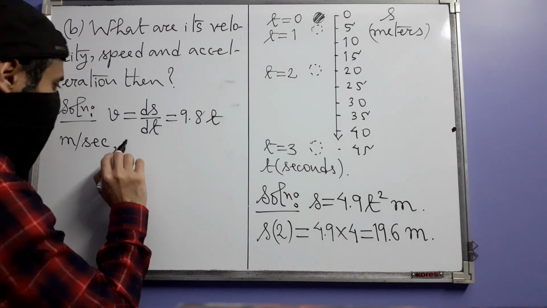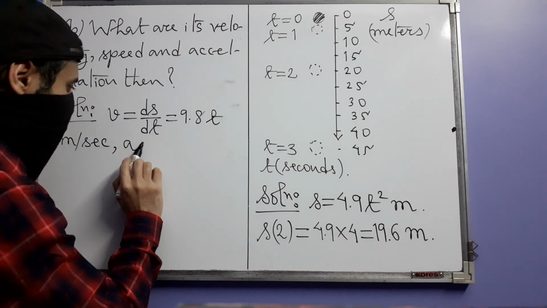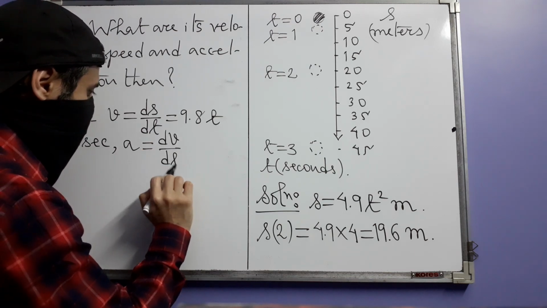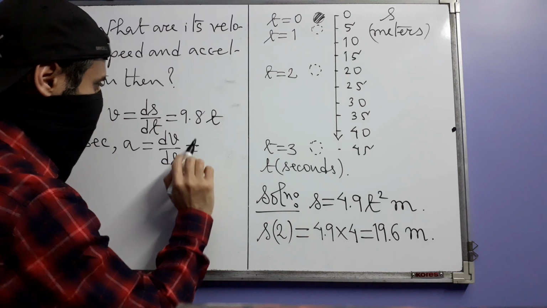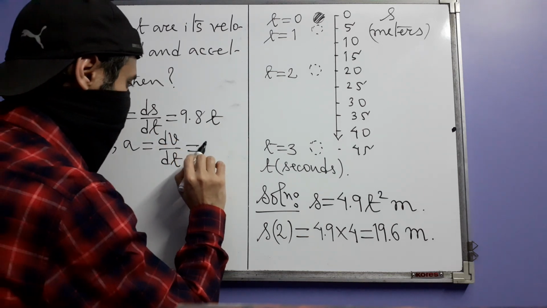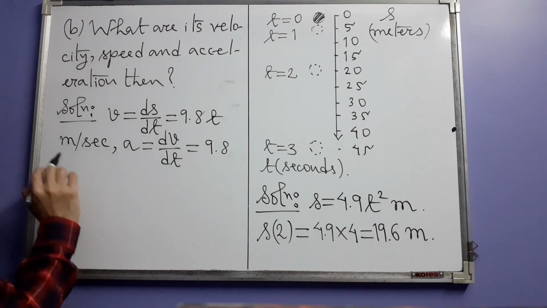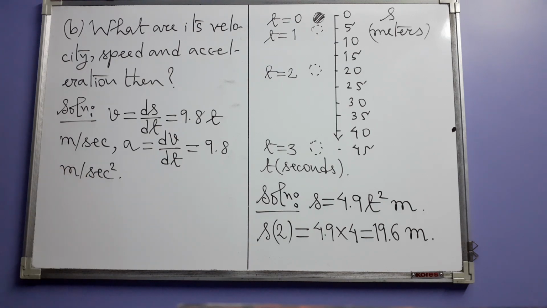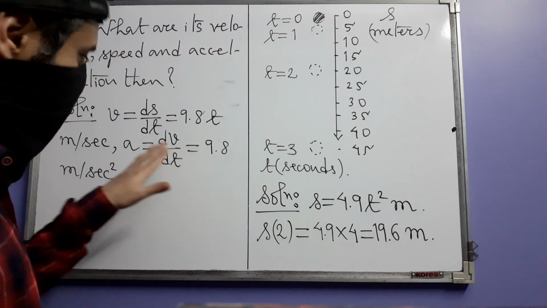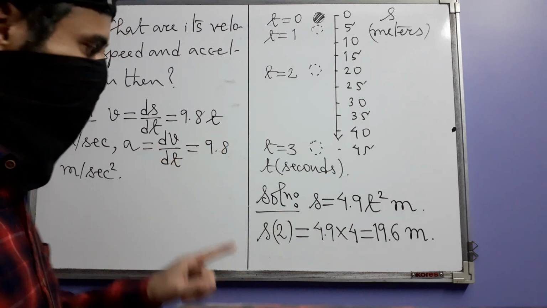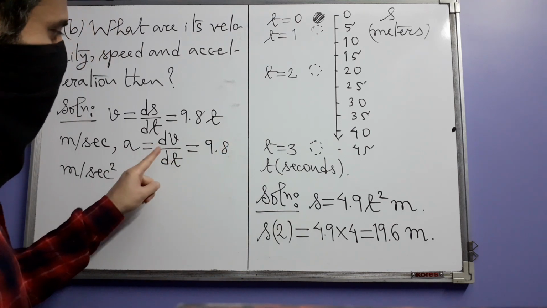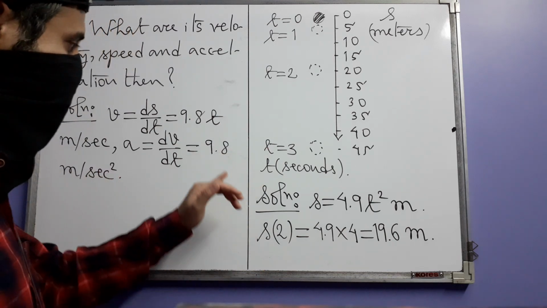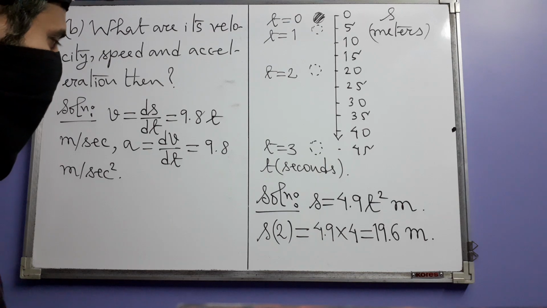And then to get acceleration, you differentiate once more with respect to time. So differentiating this with respect to t, of course, is going to give you 9.8 meter per second squared. So you see that indeed the acceleration is constant, although it's a function of time, but it's a constant function of time. At every instant of time it is having only this value.